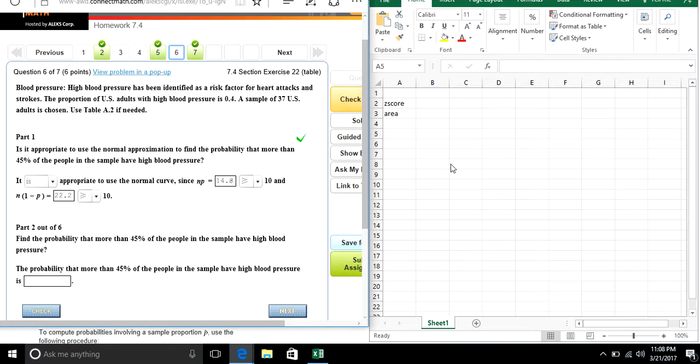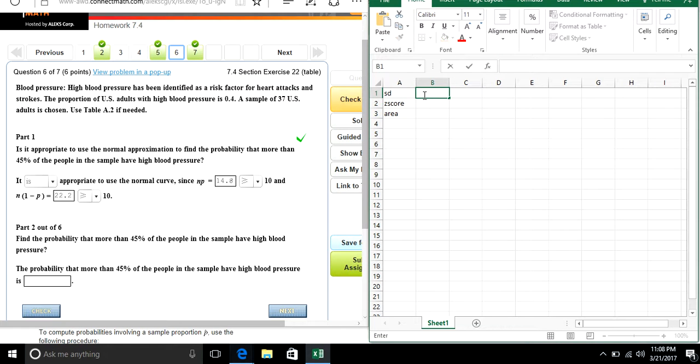Alright, perfect. So equals 0.45 minus the mean, 0.4. Excuse me, before we do any of this, we have to find the standard deviation. Sorry about that. So let's do that. SD.